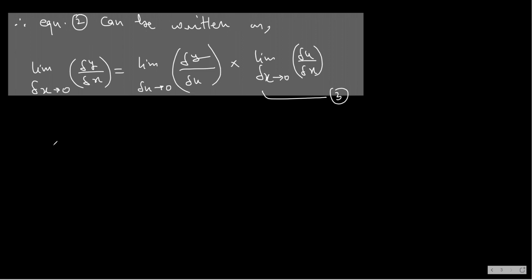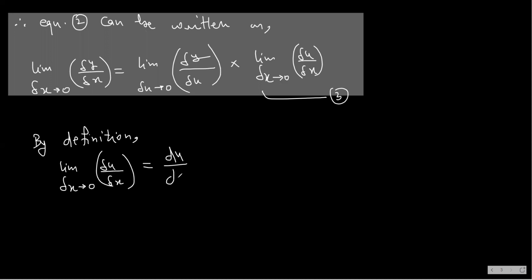I'll write here, by definition, this one, I write here, limit delta x tending to 0, delta u by delta x is du by dx, when the limit exists and is finite.